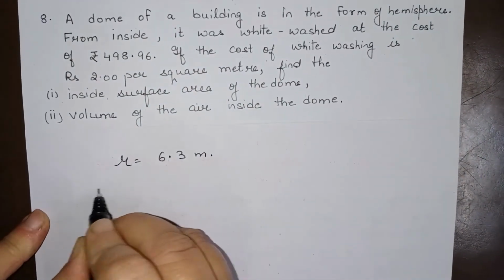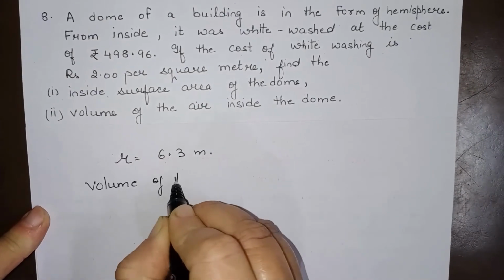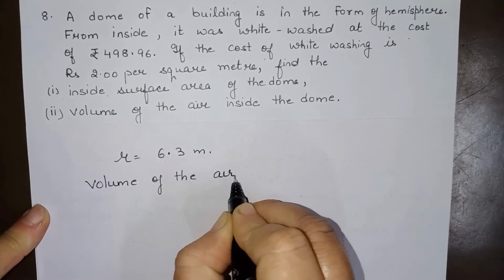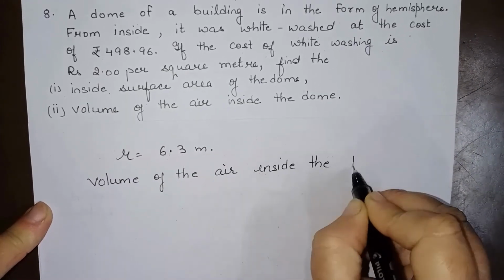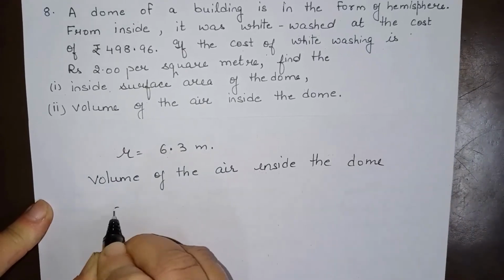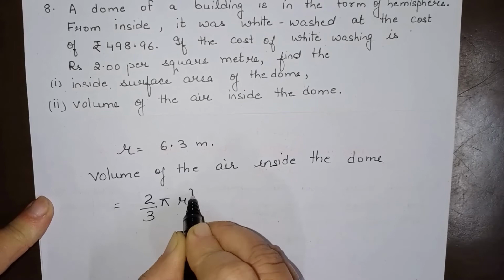Now we have to find the volume of the air inside the dome. Now this will be equal to the volume of a hemisphere, which is 2 by 3 pi r cube.